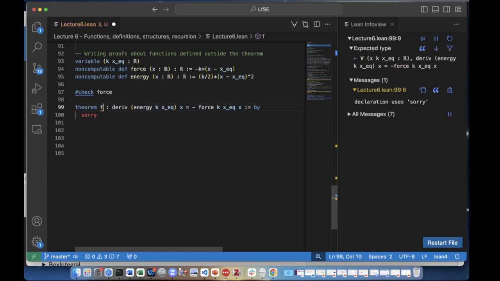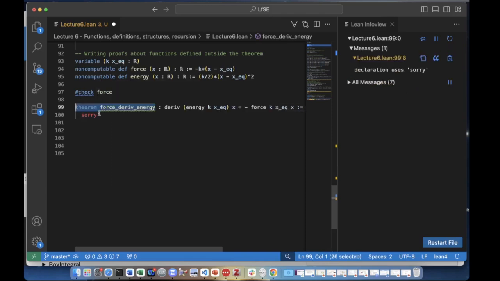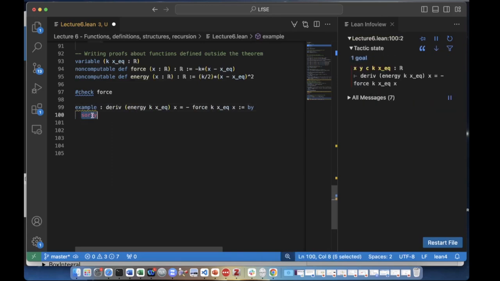So I could say force derive energy could be the name of my theorem, for example. I'm just going to call it example for simplicity, but the first thing we need to do is we need to bring in our definitions of energy and force.